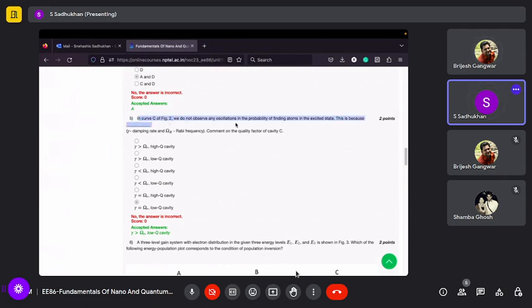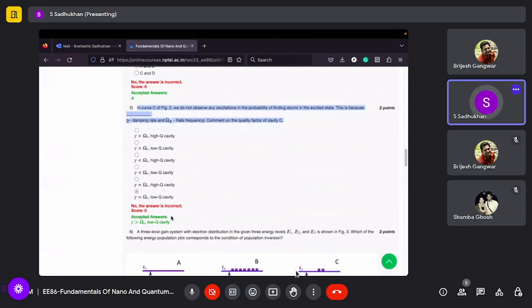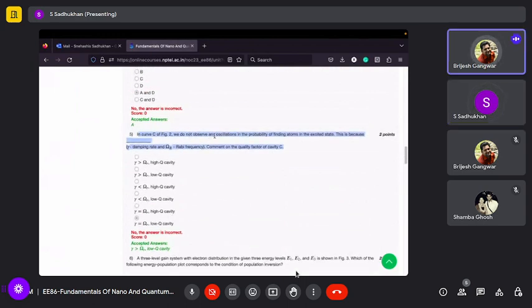As you can see, you have also given an example of this kind of problem. Here, as you can see in figure 2, they have asked about the curve C of figure 2, we do not observe an oscillation in the probability of finding atoms in the excited state.